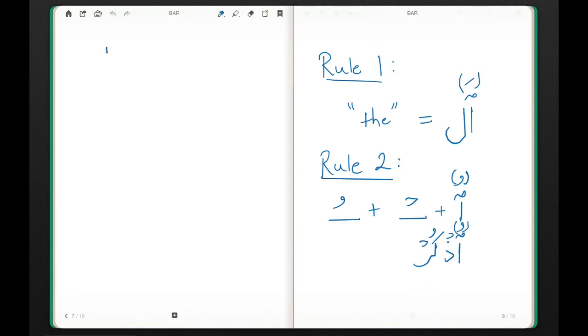Rule number 3 is going to be basically everything else. If neither rule 1 nor rule 2 applies, then rule 3 tells us we're going to put a kasra under it. Alright, so that's going to be a couple of different scenarios. We might have instances where we have, for instance, let me give you one example.